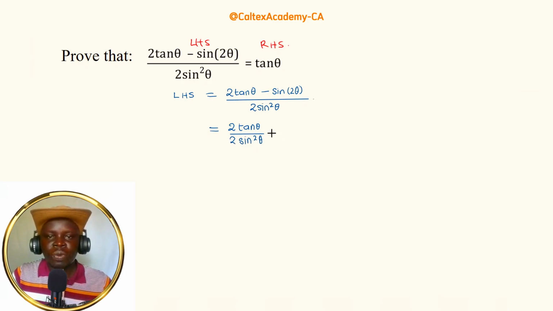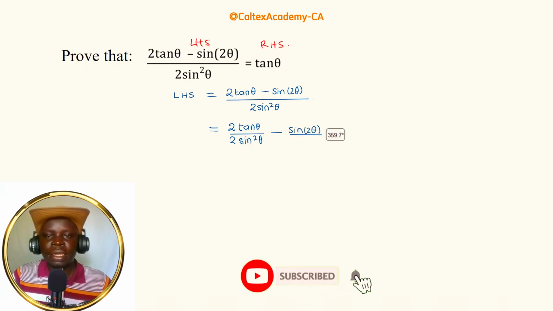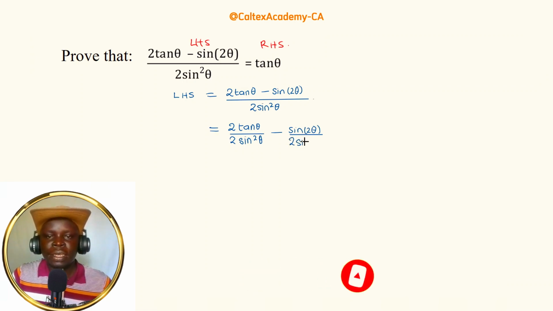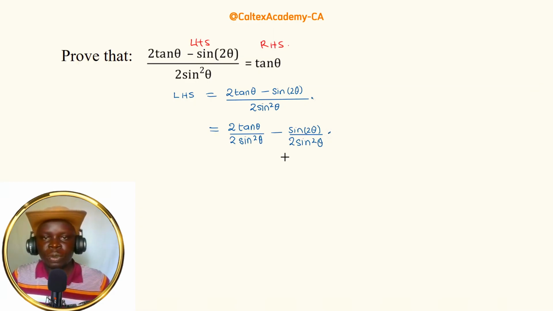Then we subtract away sine twice theta, also divided by twice sine square theta. Literally we did not go far. What we have just done is to split the denominator into the two terms of the numerator.